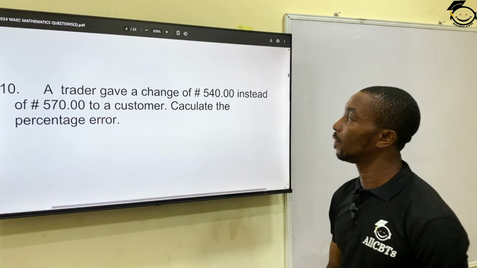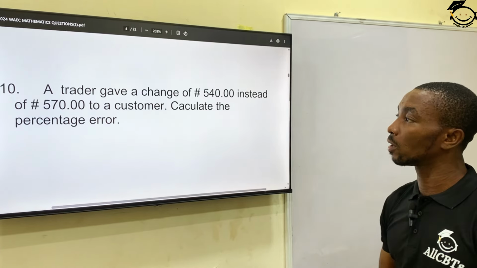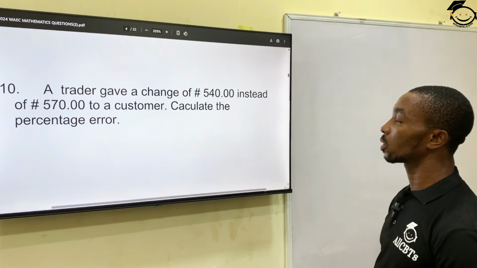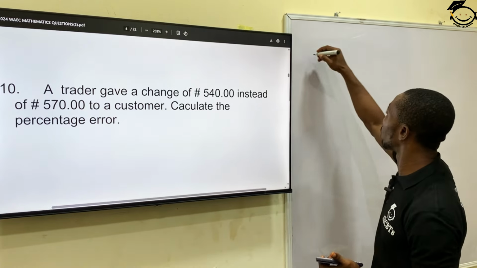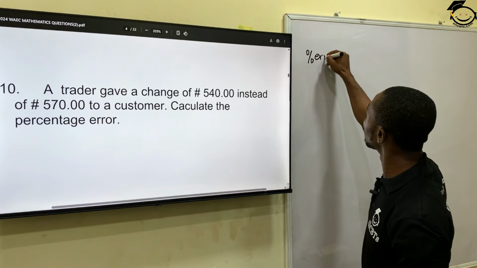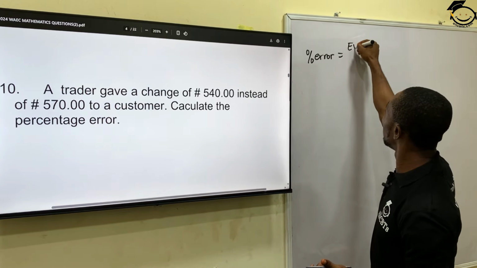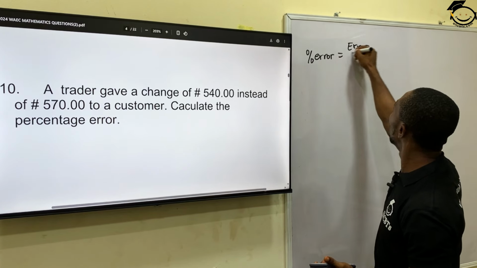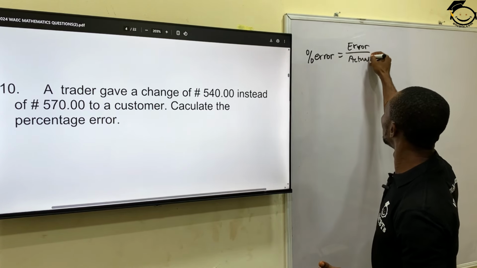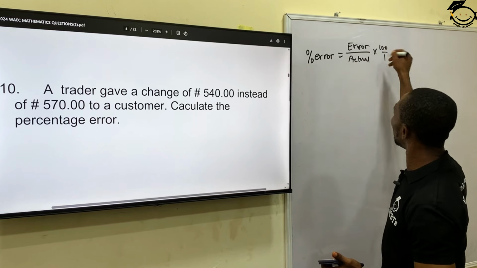A trader gave a change of 540 instead of 570 to a customer. Calculate the percentage error. Now we know that percentage error equals error all over actual times 100 over 1.